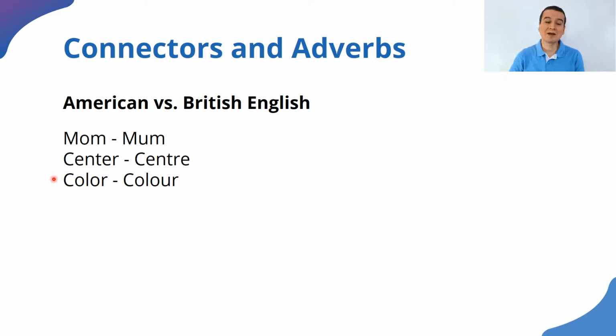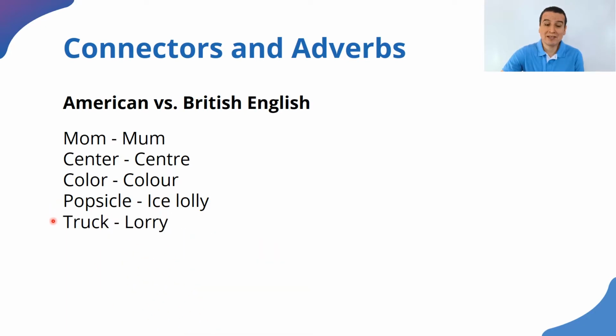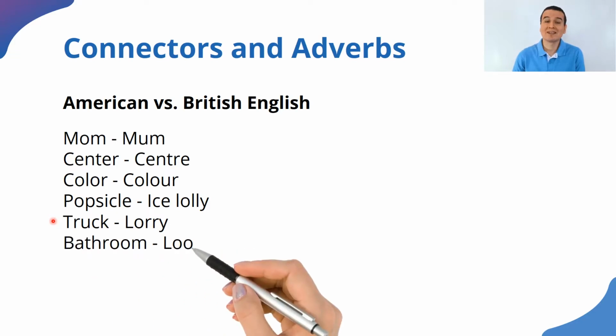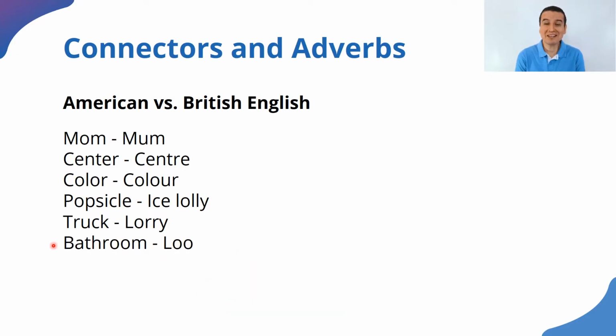But words like popsicle, like what the boy was holding in his hand, can be a completely different word in American and British English. In British English, popsicle is ice lolly. The word truck that you may know in American English is lorry in British English. The bathroom is bathroom in American English and loo in British English.